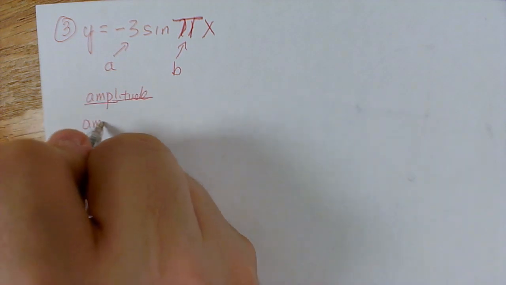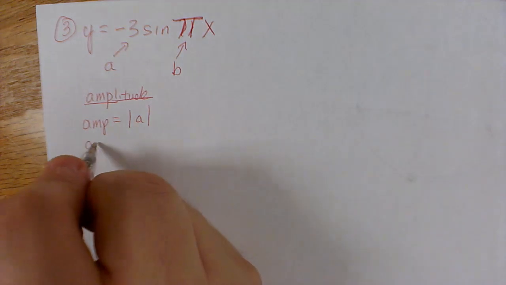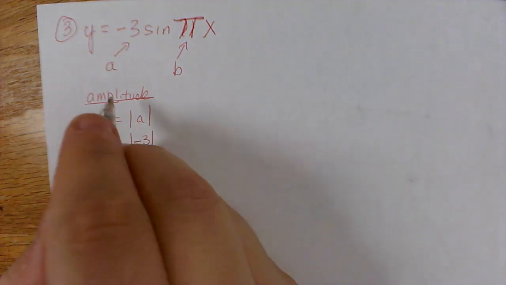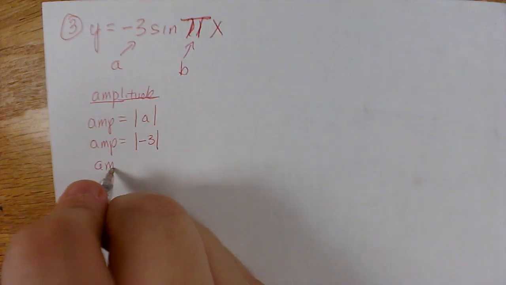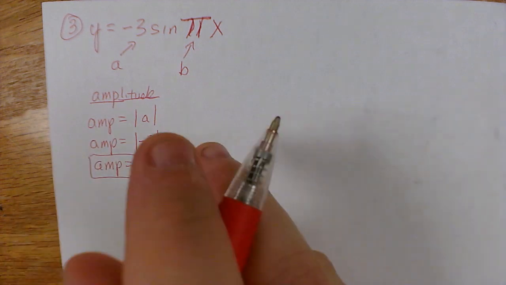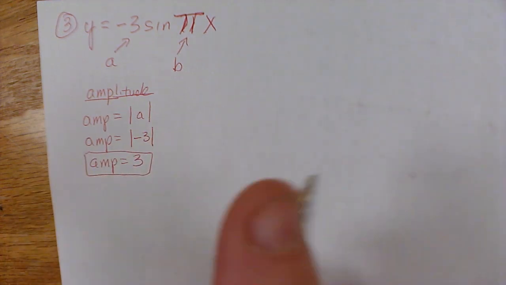The amplitude is always equal to the absolute value of A. The amplitude in this case is equal to the absolute value of negative 3, but since absolute value is always positive, the amplitude is 3. So what this means is the radius is actually 3.